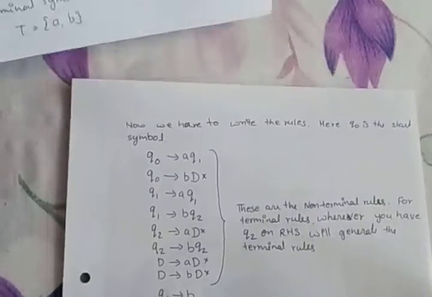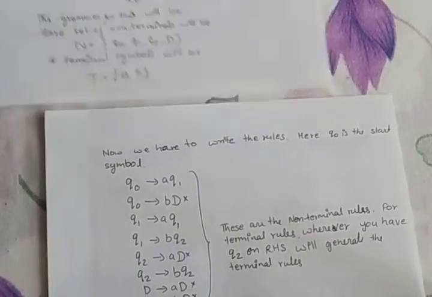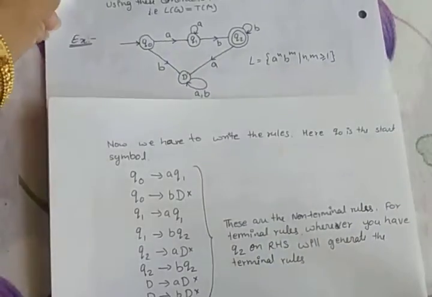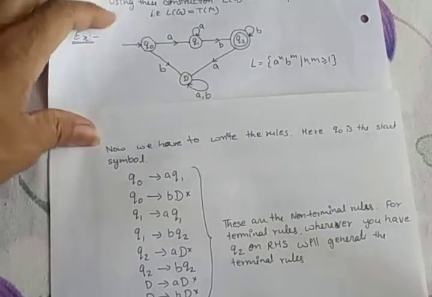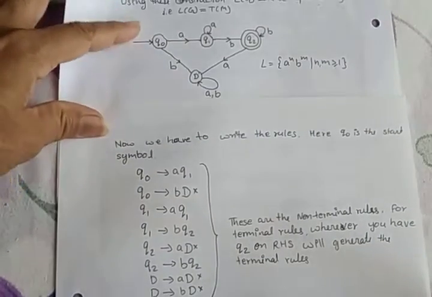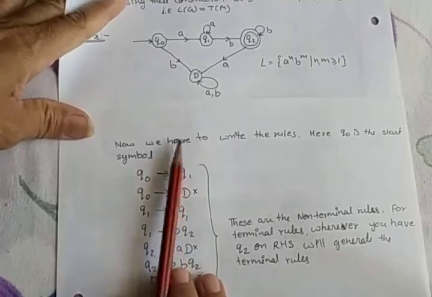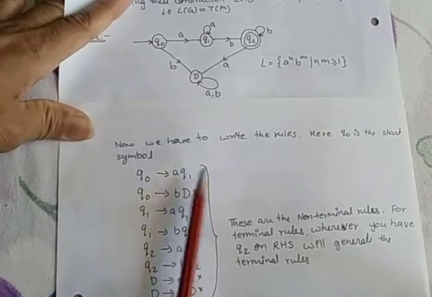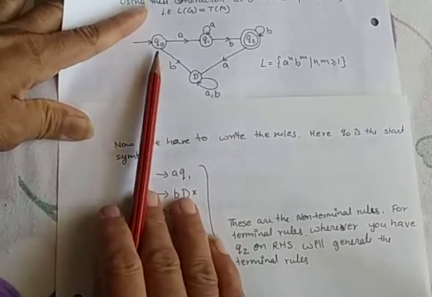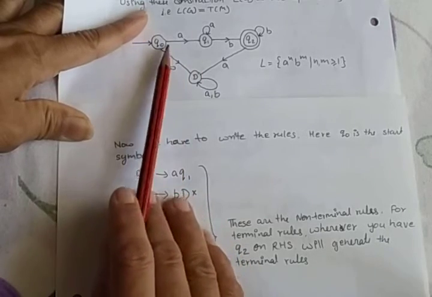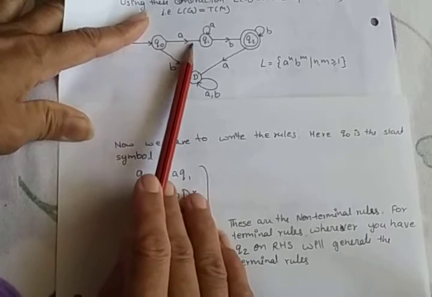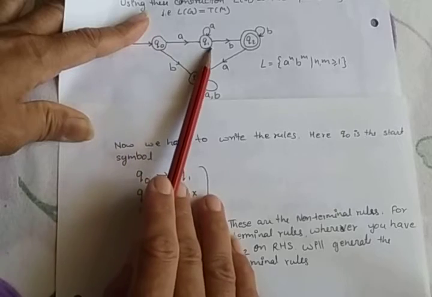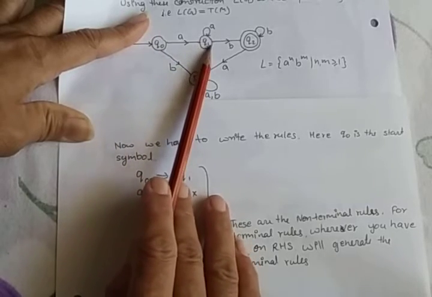Now, this is the automata given and this is the grammar generated. Now look at the automata. At Q0, we read a symbol A and go to state Q1.